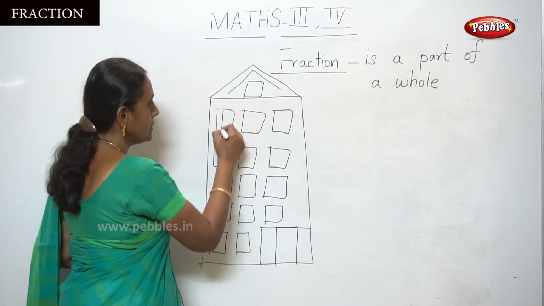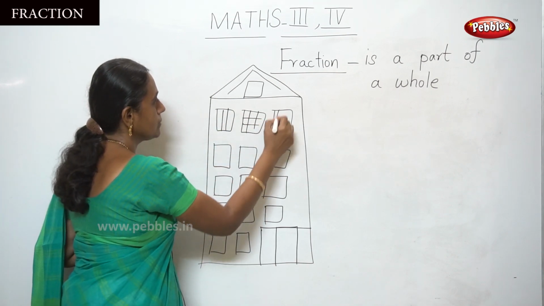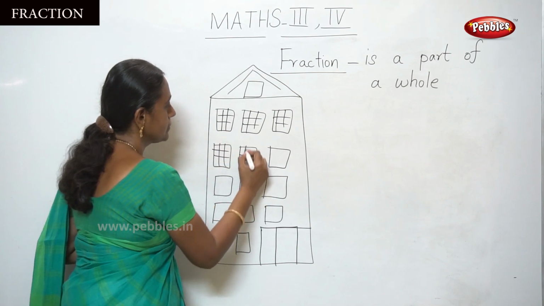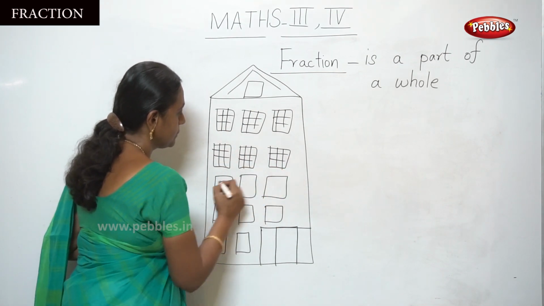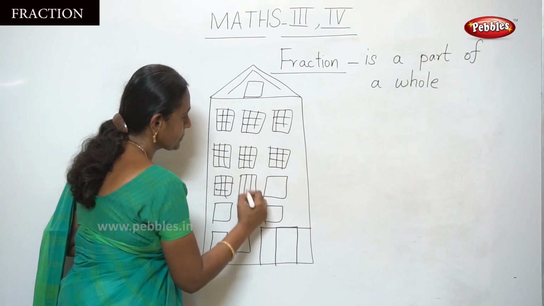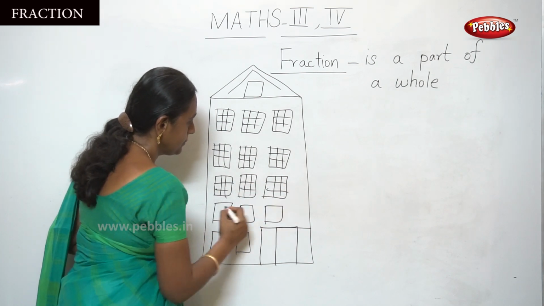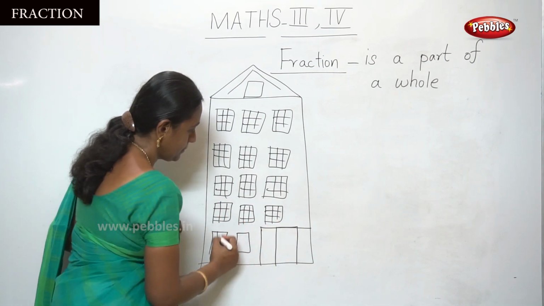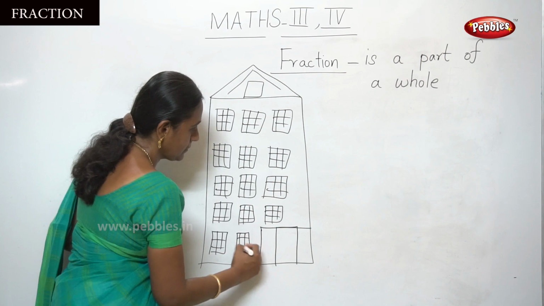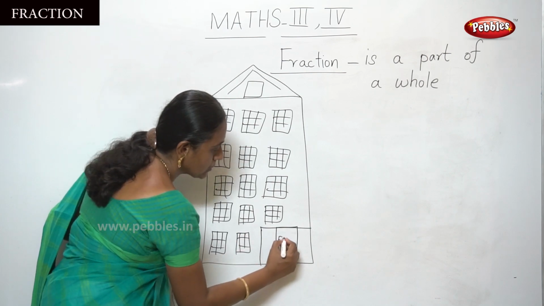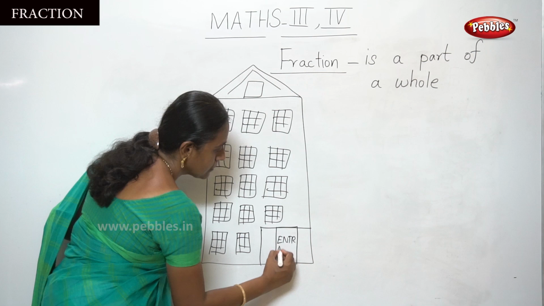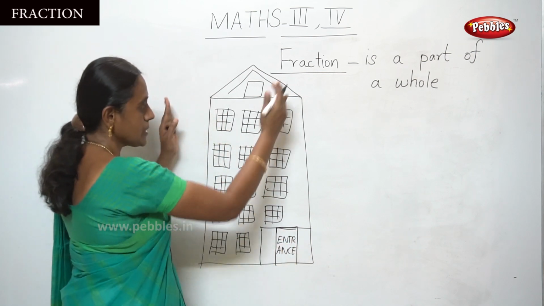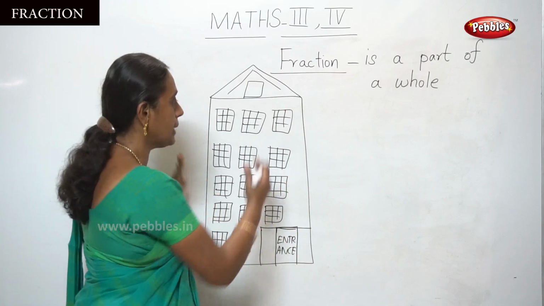These are the windows and doors. This is the entrance door, and this is a door. So this is a long 4-story building.